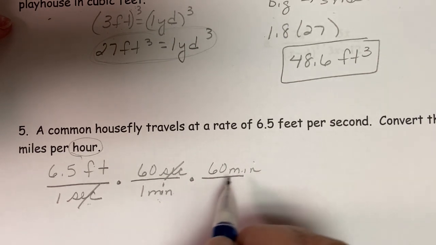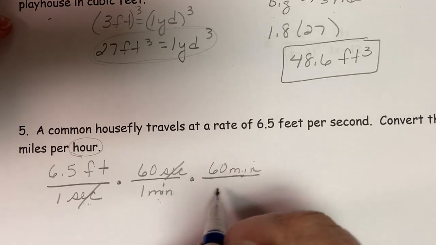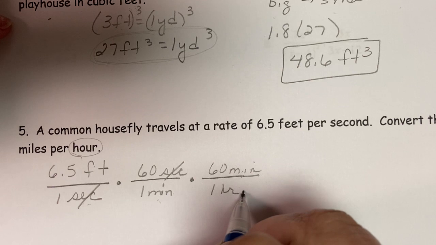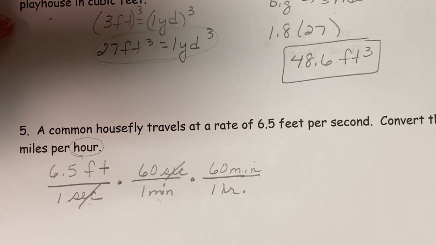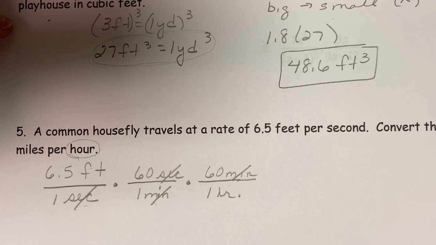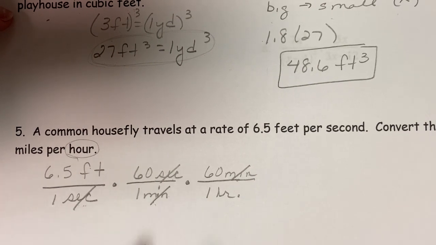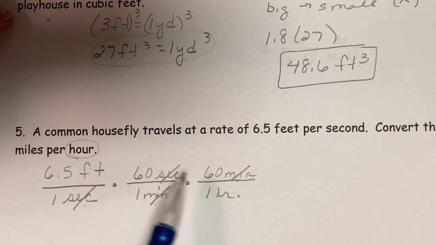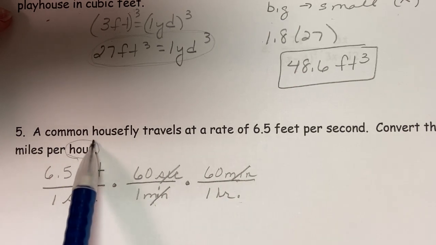Why? Because I want these minutes to cancel. So I need 1 on the top and 1 on the bottom. So it's 60 minutes in 1 hour. So now look. My minutes cancel. So what do I have left? If I just look at the units, I'm in feet per hour. So I've got the time right.